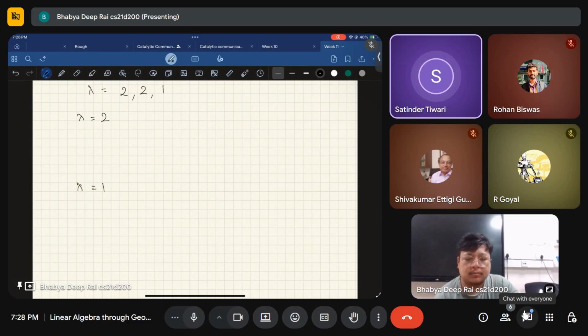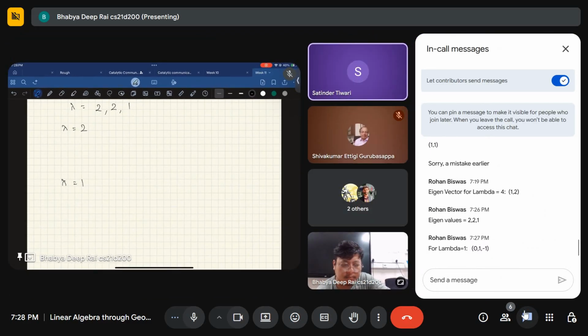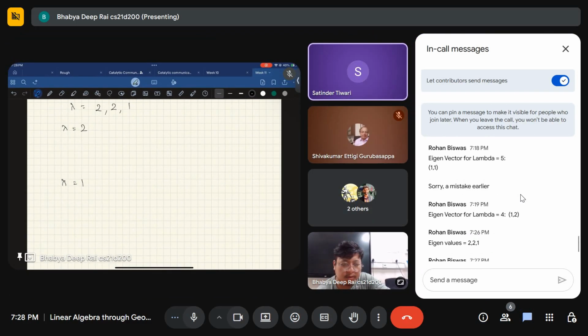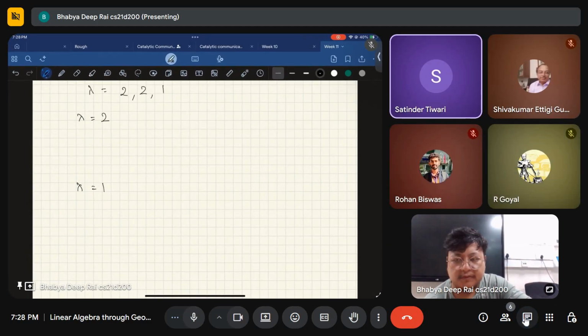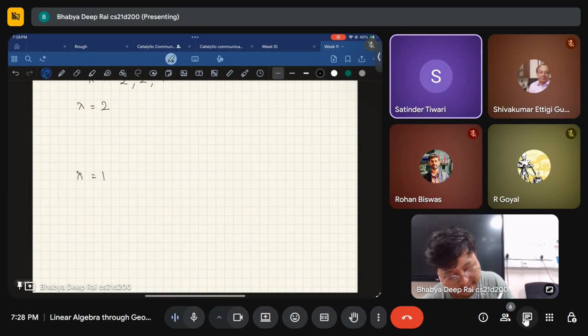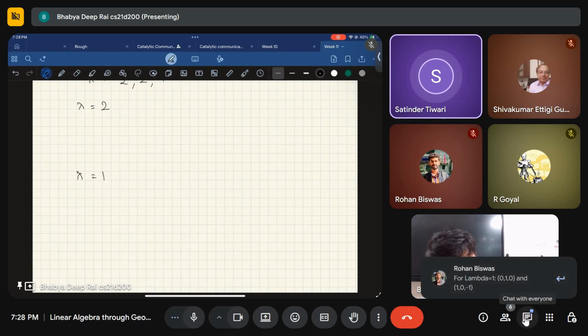With lambda equal to 1, your eigenvector will be 0, minus 1, 1, t. For lambda equal to 1, we have got geometric multiplicity 1. The eigenvector will be 0, minus 1, 1, t.